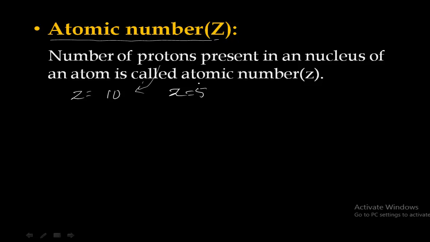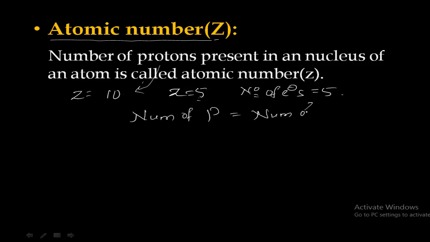So if the number of protons is 5, then what would be the number of electrons? The number of electrons is also 5, because the number of protons is equal to the number of electrons. So whatever the number of electrons is, that is equal to the number of protons.